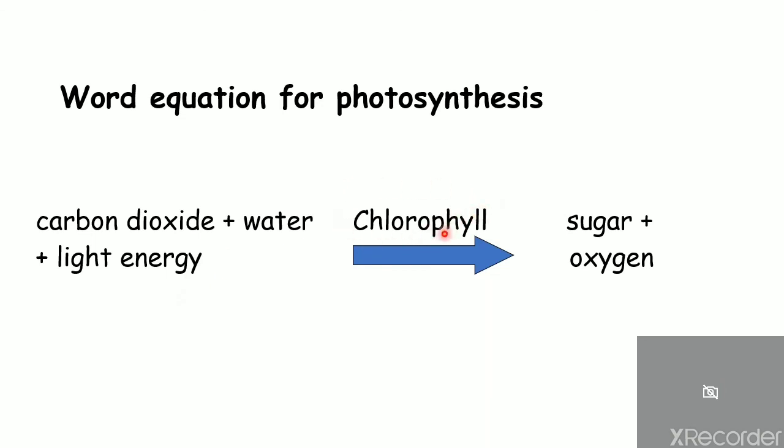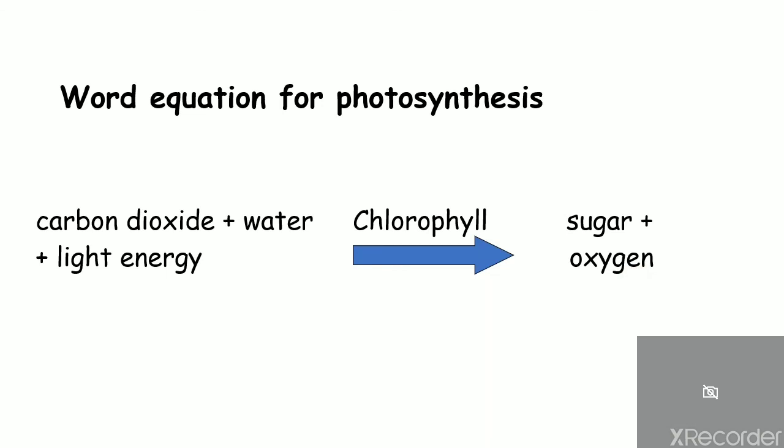Chlorophyll, because it's the chlorophyll which traps the light energy. So carbon dioxide and water combine together, and a chemical reaction takes place, and what is formed? Sugar, that is a carbohydrate, and oxygen is released. Yes, I think till here everything is quite clear to each and every one.